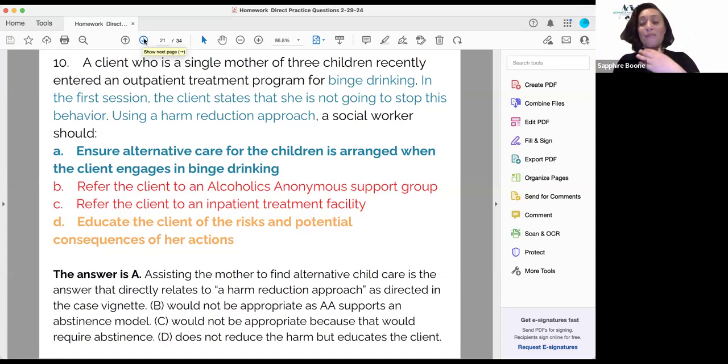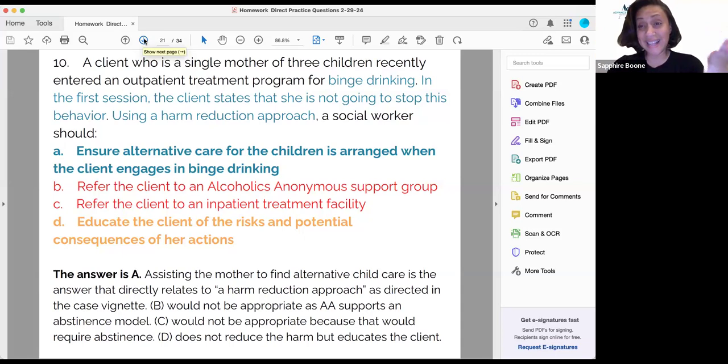And I know that for us, it is hard to understand because we typically work with clients that are going to change their behavior. So this approach is a little bit different in that we are not trying to get the client to change the behavior. If we can get them to reduce their use, that would be great. But the main goal is to make sure that the harm that comes from the behavior is reduced.